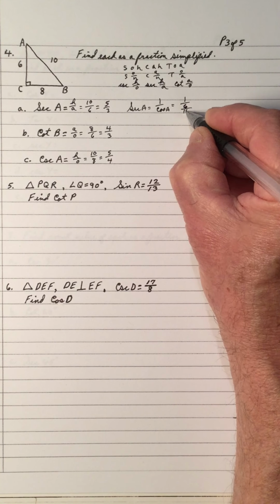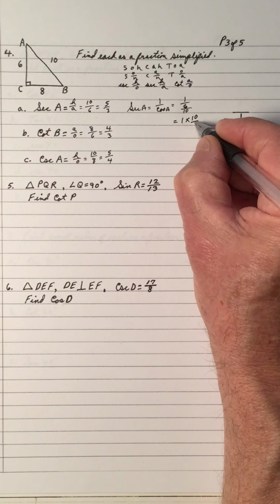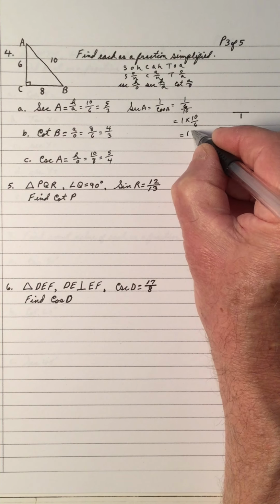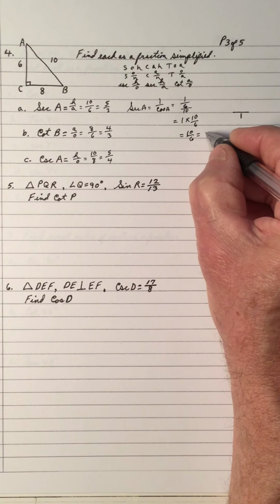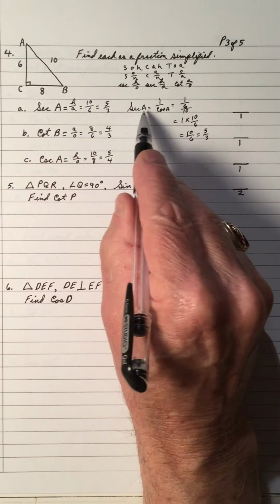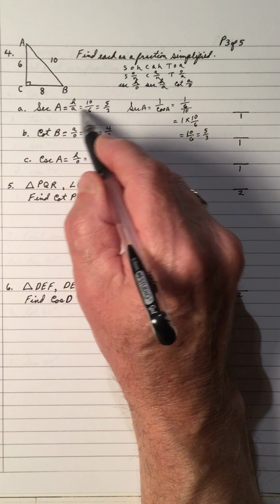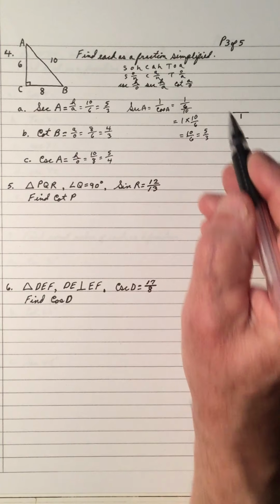So that is 1 times 10 over 6, which is 10 over 6, and gives you 5 over 3. You can do either way, but I find if you do secant, memorizing hypotenuse over adjacent is much quicker than going through this little bit of math.